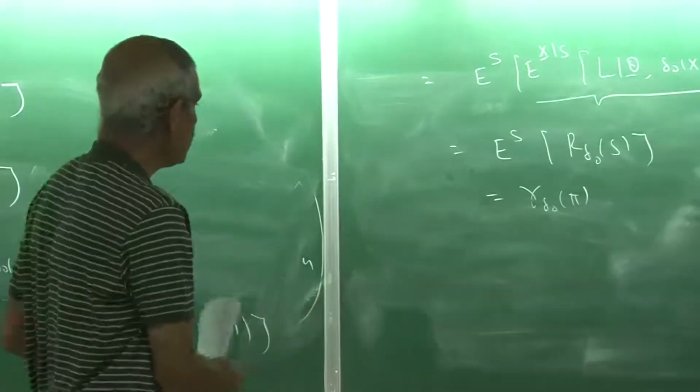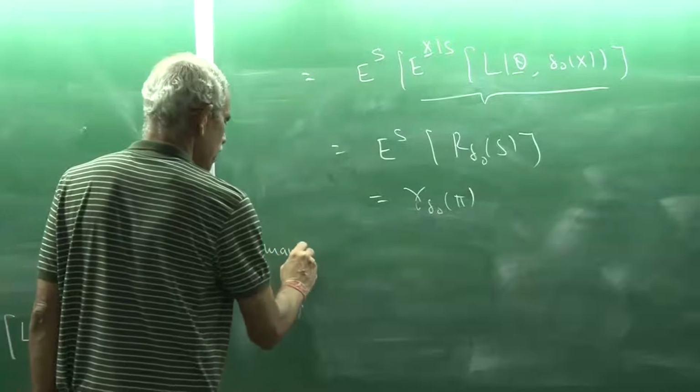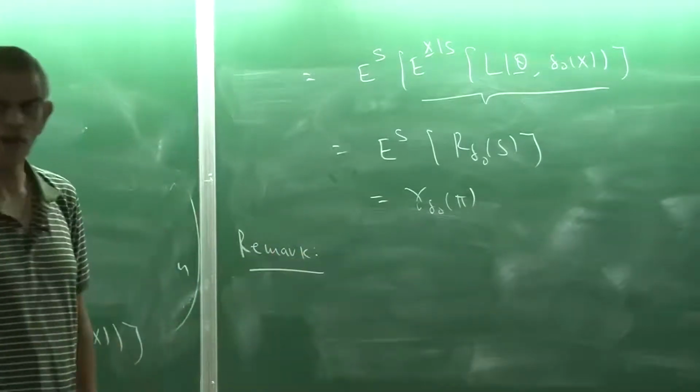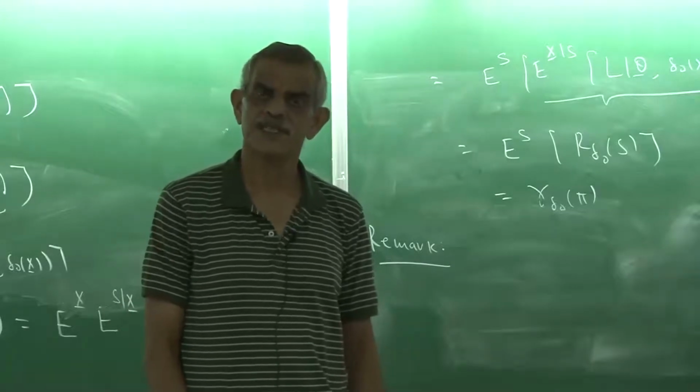So as I told in the beginning, there will always be a Bayes rule which will be non-randomized.